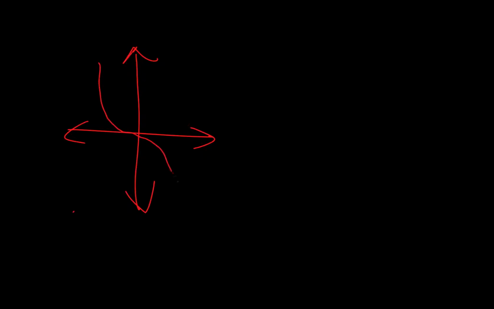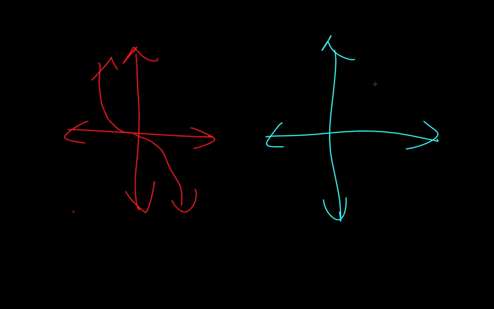Now, another type of question you'll have on your homework. You might start with a function that looks like this, and then another function that looks like this, and that's labeled as k.